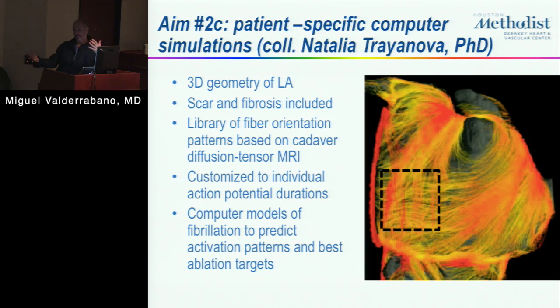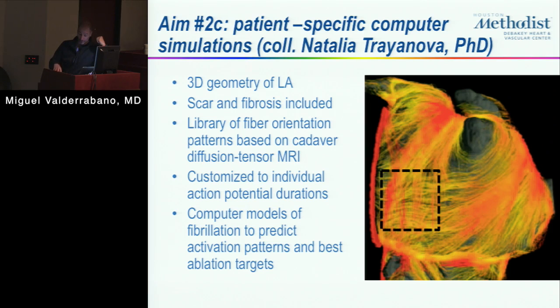Now, one beat takes one week of computation. She can change the shape of the model depending on the shape of the patient's atrium. So she does patient-based computer simulations. And she can introduce different fiber orientation changes and sizes and so forth.